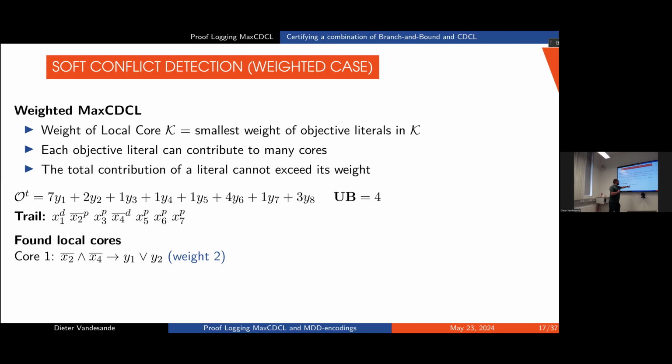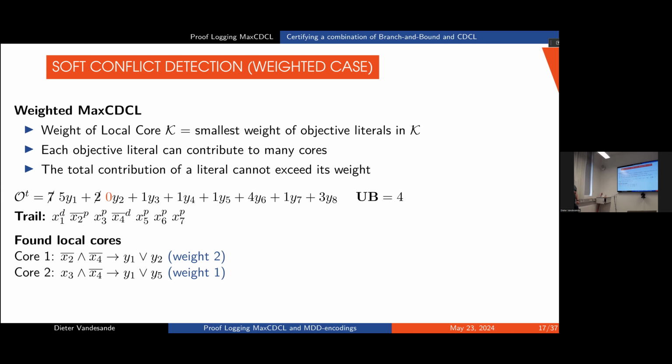And since the weight of y2 is equal to 2 and the weight of y1 is equal to 7, the weight of this local core is equal to 2 because that's the smallest. What we now do is subtract 2 from the coefficients of the literals in this core.